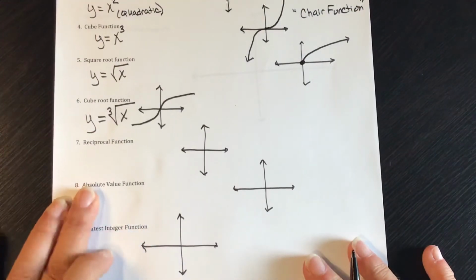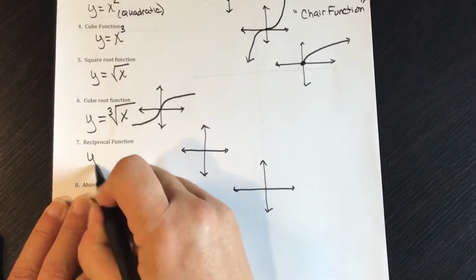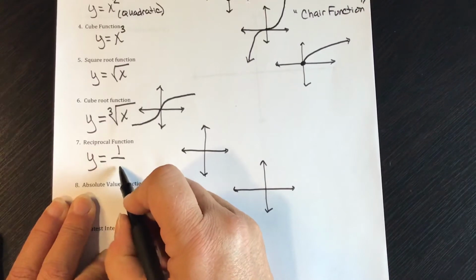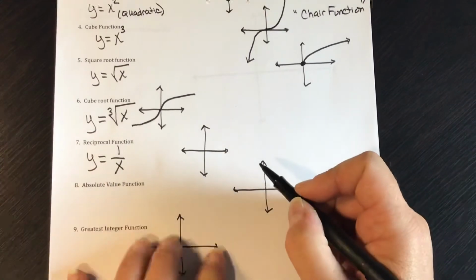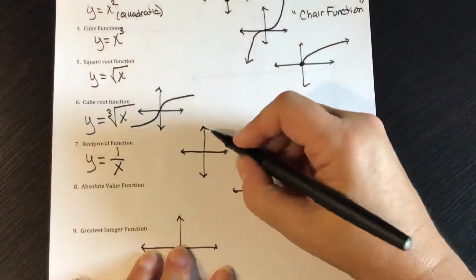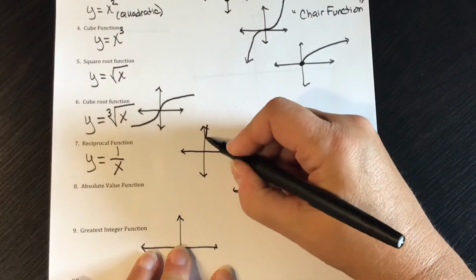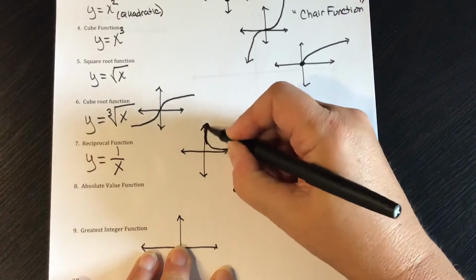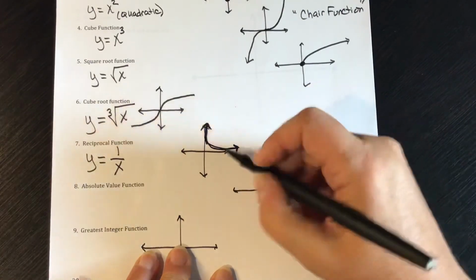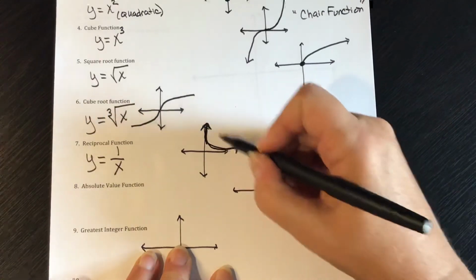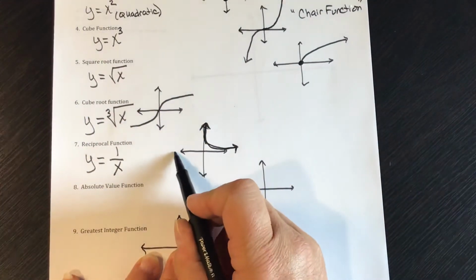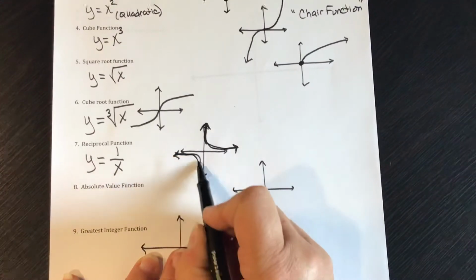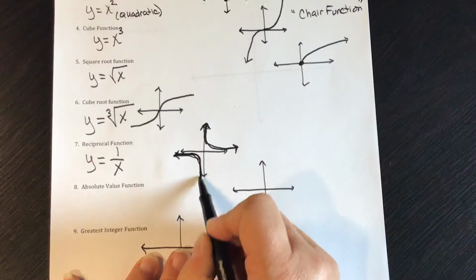A reciprocal function. Y equals, and we think of the reciprocal, is 1 over x. This one is kind of special because it actually has 2 parts to it. We have a branch here, and it doesn't touch the axes, but it gets very close to them. And then we have a branch here that kind of does the same thing on this opposite side.